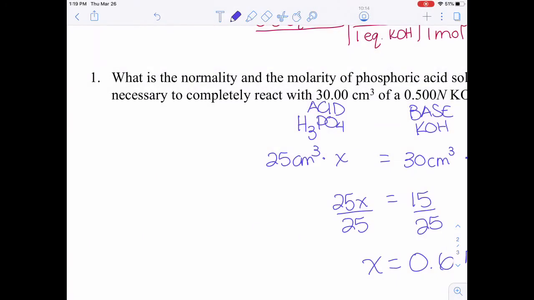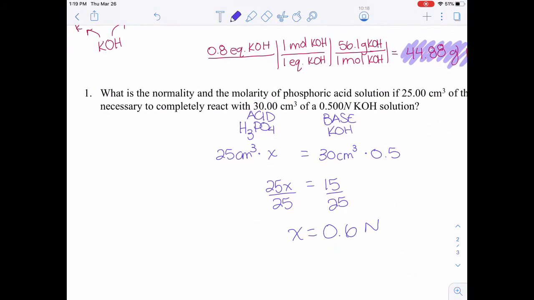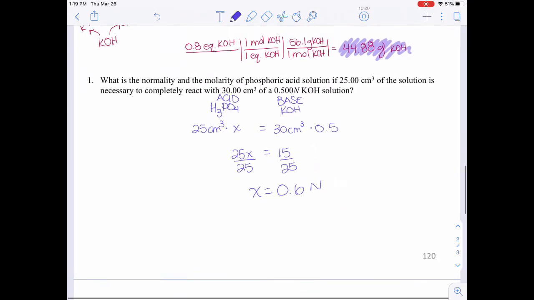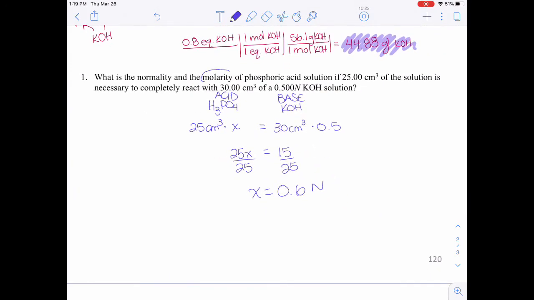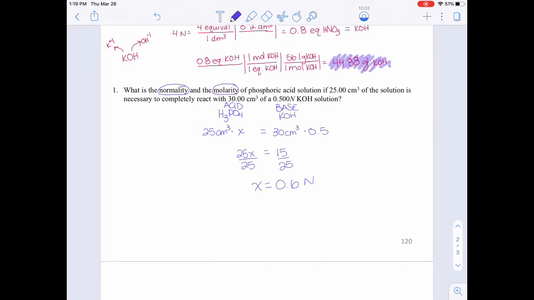But the question asks for normality and molarity. Using this equation got me the normality. To get molarity, I need to remember the charge equivalence.